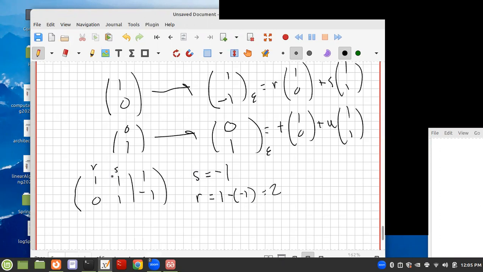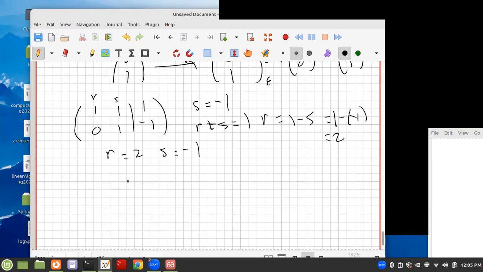Because if S is minus 1, R has to be 2, because 2 plus minus 1 is 1. R plus S equals 1, so R equals 1 minus S, which equals 1 minus a minus 1, which equals 2. So I know that R equals 2 and S equals minus 1.